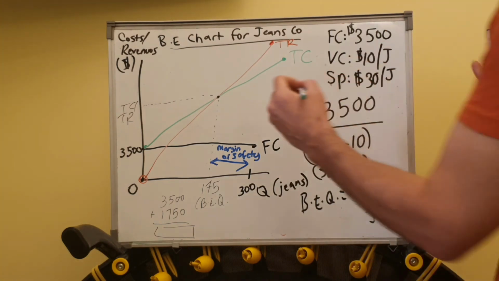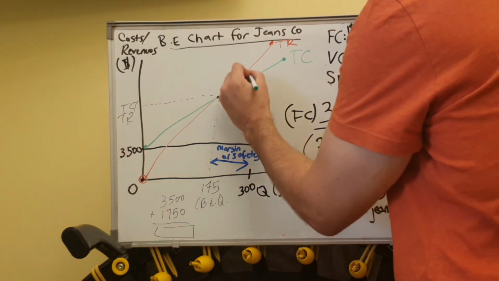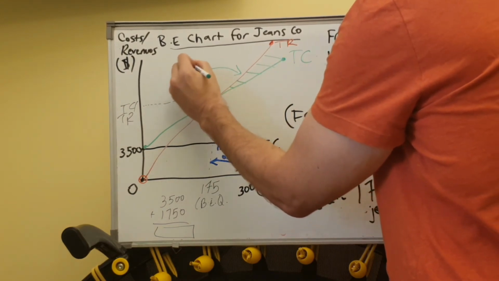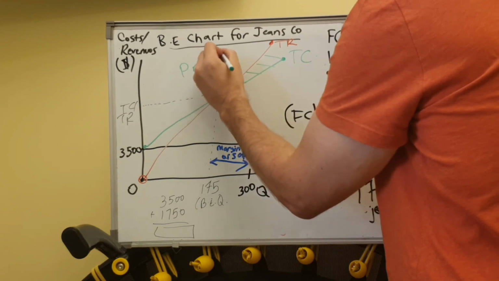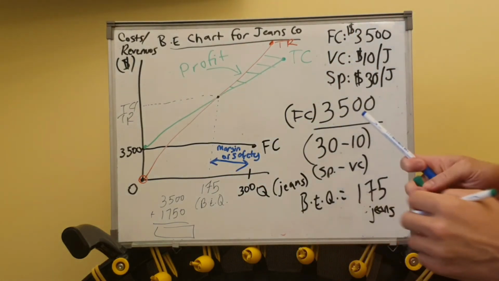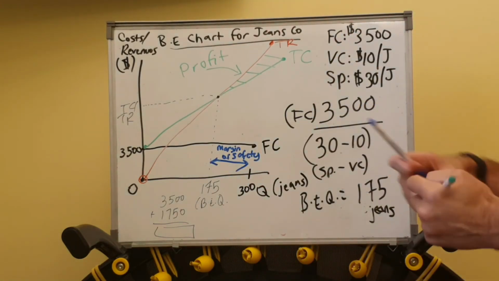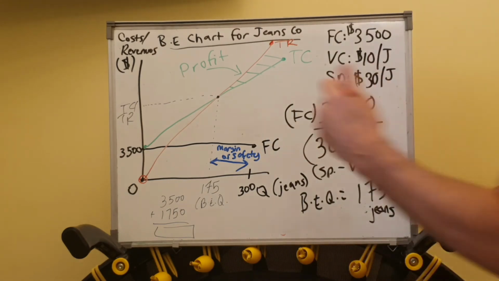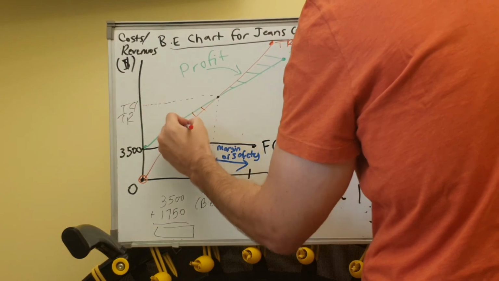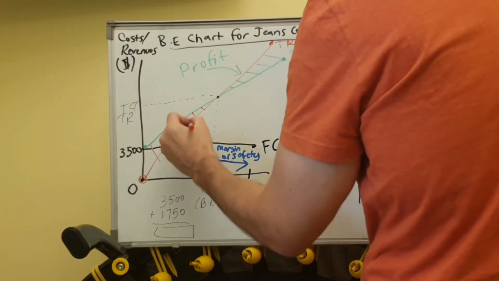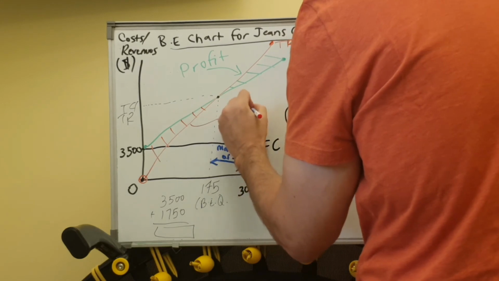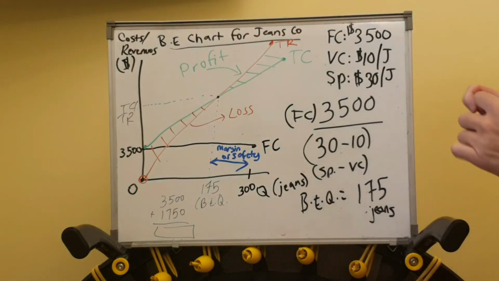What is this area under the triangle? That's your profit. Anything you make above that point is your profit. What is this triangle here? That is, unfortunately, a loss. Because think about it.